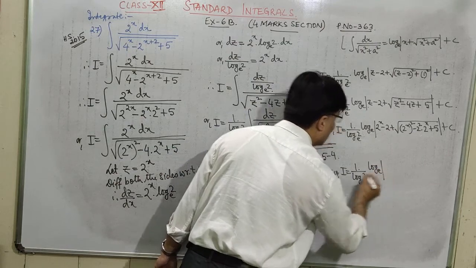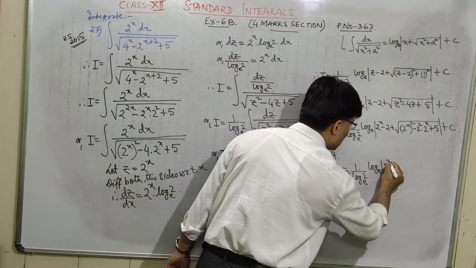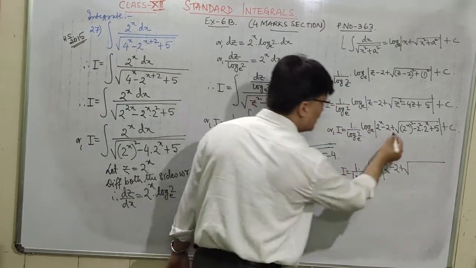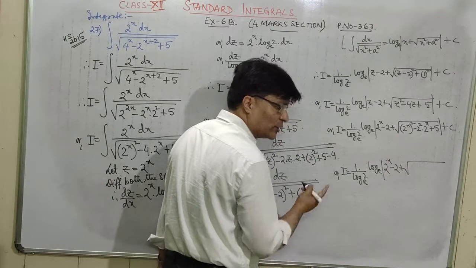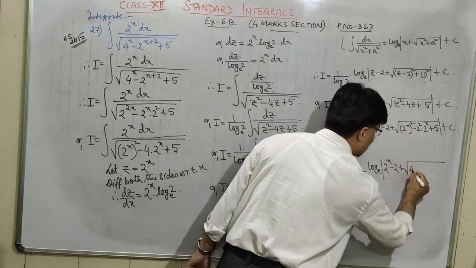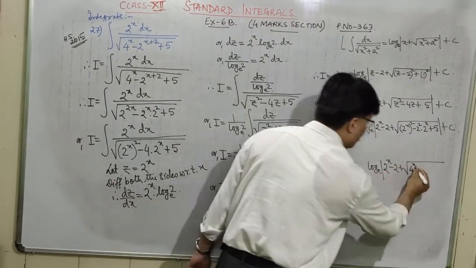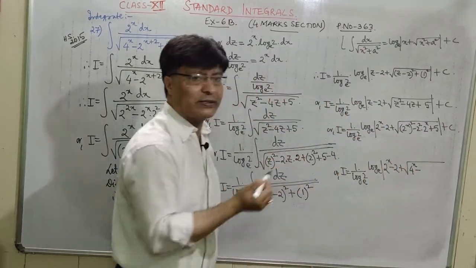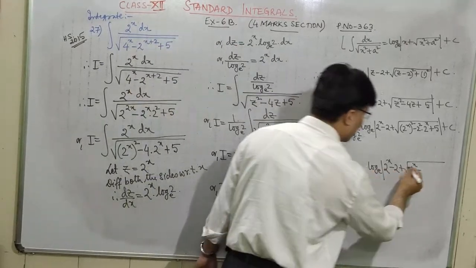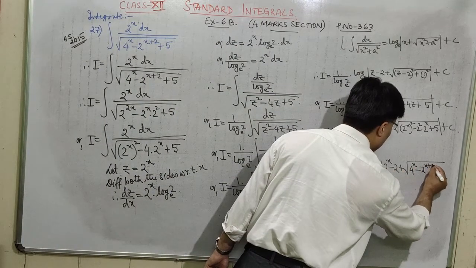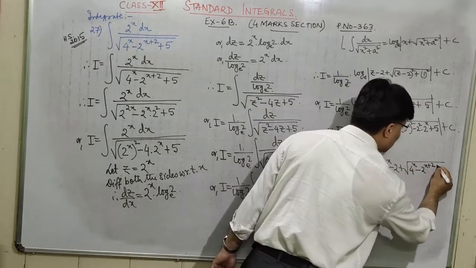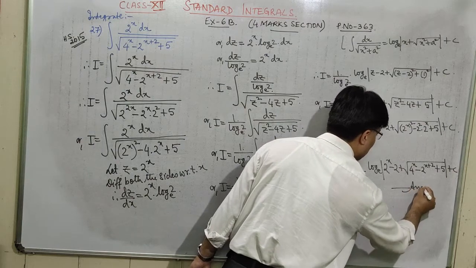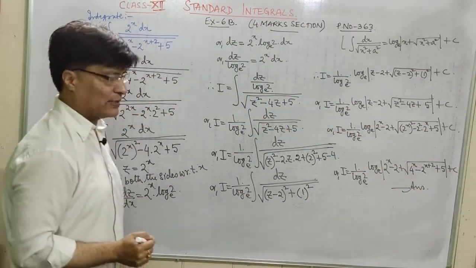Log base e within mod, what do we write? 2 to the power x minus 2 plus root over, what do we write here now? This 2 whole square is 4, you know that. You can write here 4 to the power x minus, so if this 2 to the power 2 and 2 to the power x is multiplied, powers will be added. That is, you will get 2 to the power x plus 2. Then what do we write? Plus 5 mod sign closed plus c. So this is the final answer.